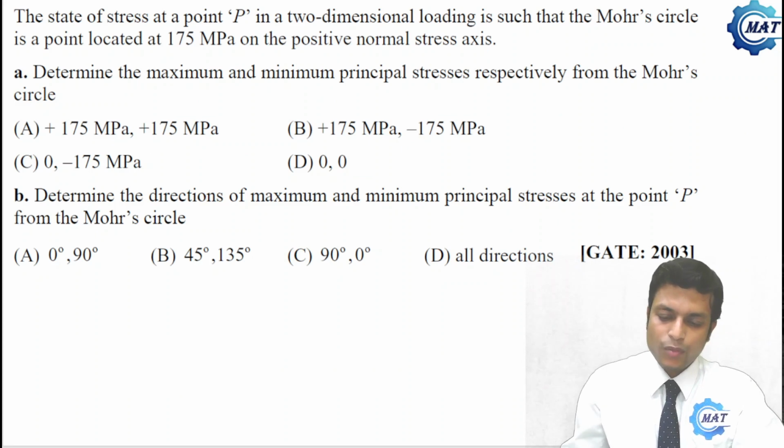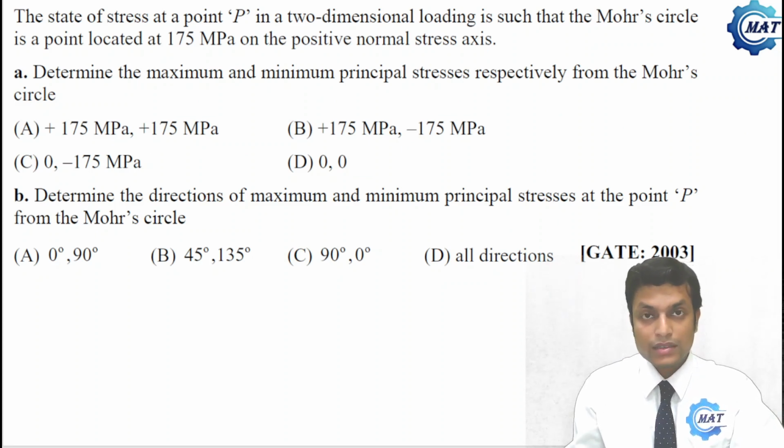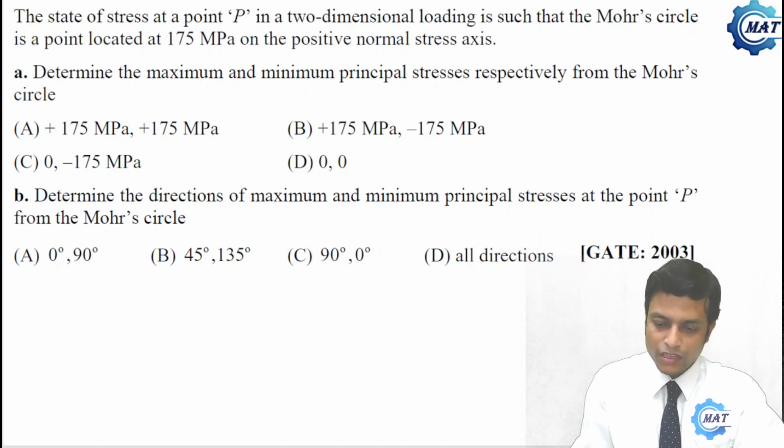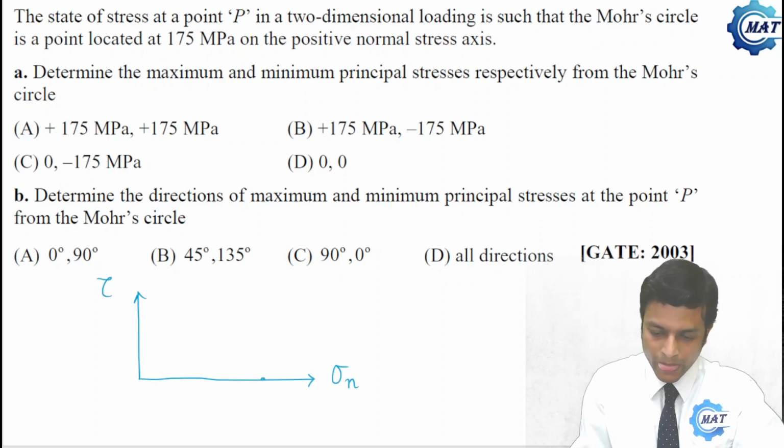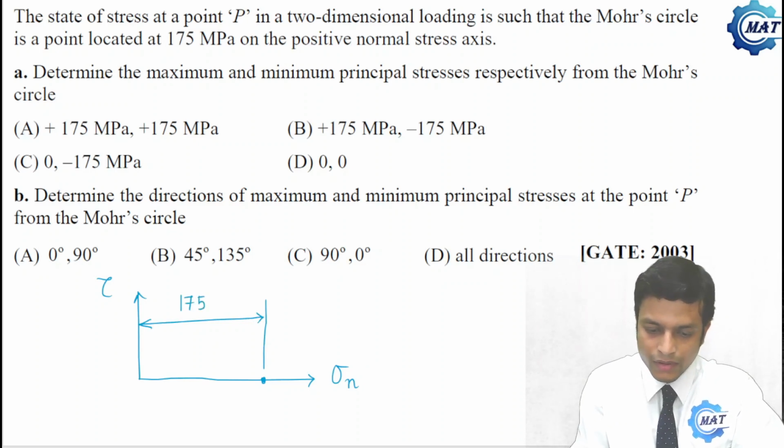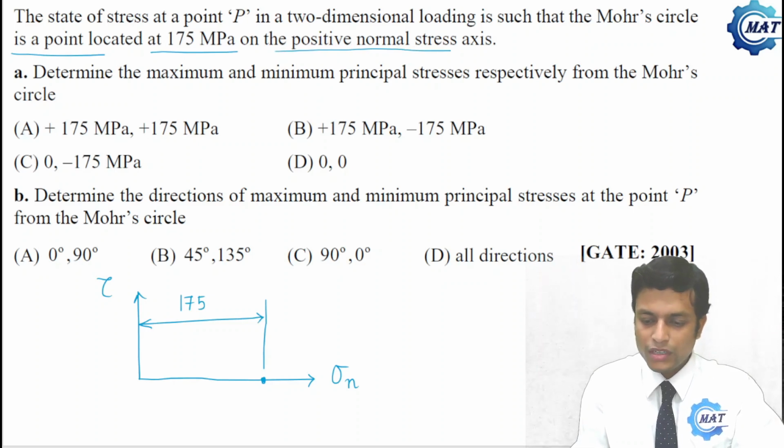The state of stress at a point P in two-dimensional loading is such that the Mohr circle is a point located at 175 MPa on the positive normal stress axis.